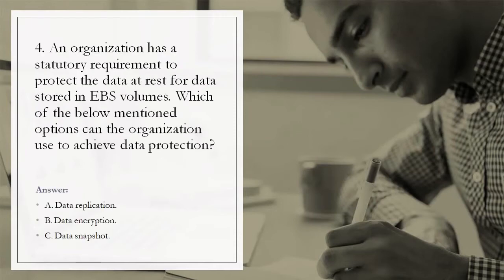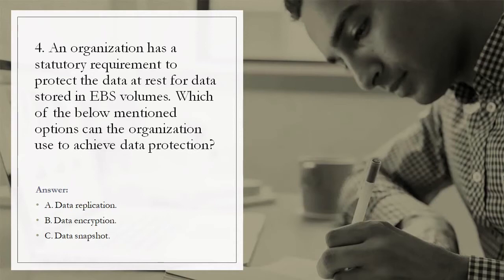Question number 4. An organization has a statutory requirement to protect the data at rest for data stored in an EBS volume. Which of the below mentioned options can the organization use to achieve data protection? Out of 4, 3 are right: first is data replication, second data encryption, and third data snapshot.